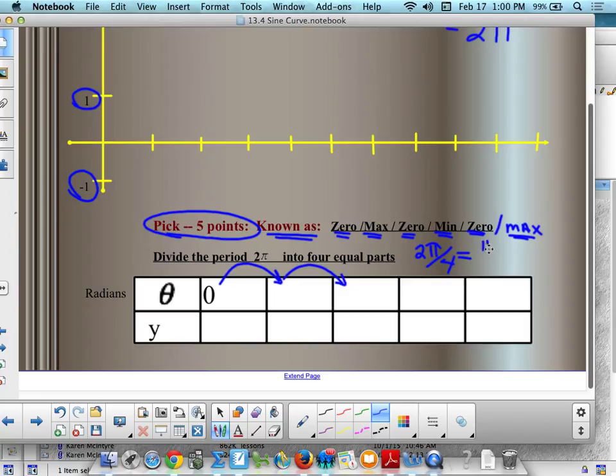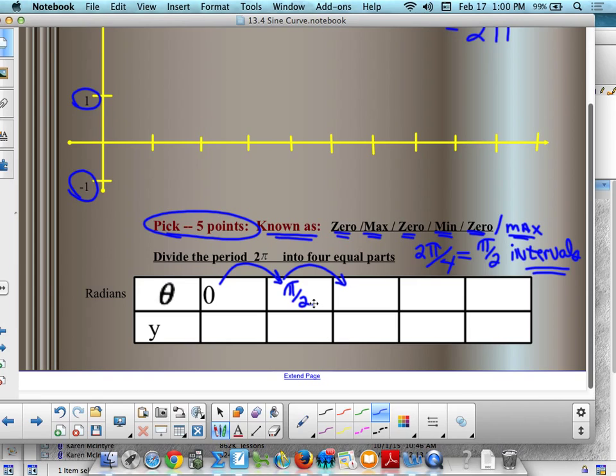That would be called your intervals on your graph. So that's what you're counting by. When you start making a table, I'll start at 0, then I'll start counting by pi over 2, which is 90 degrees, by the way.